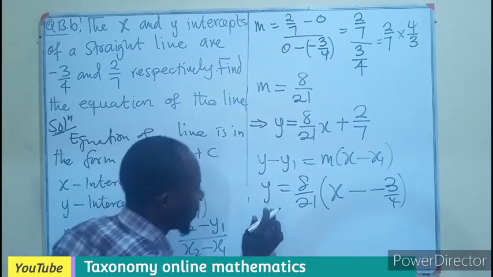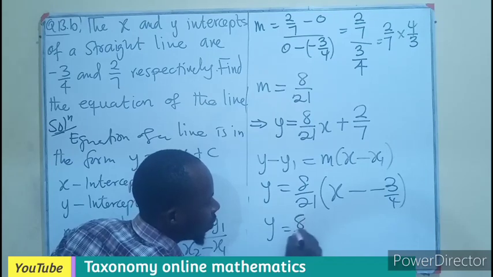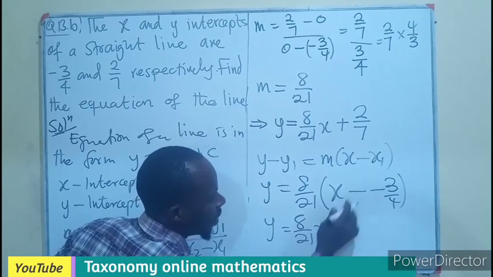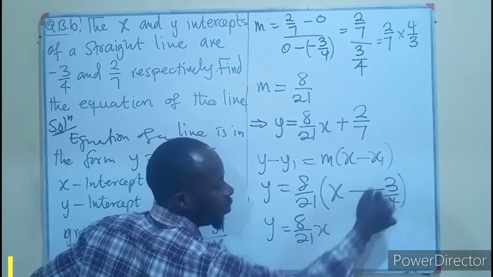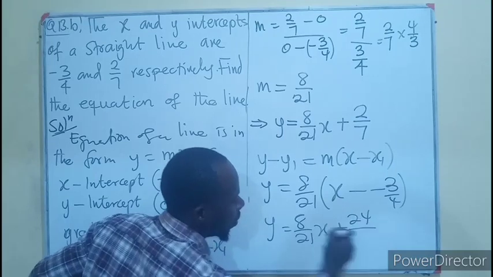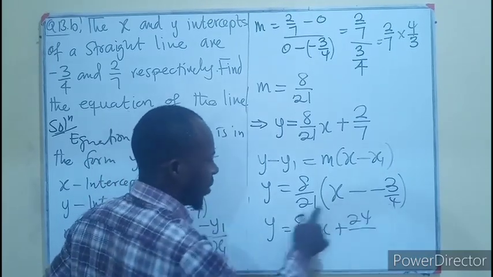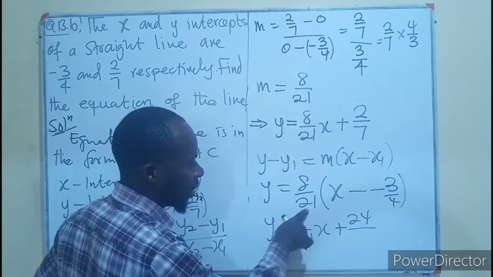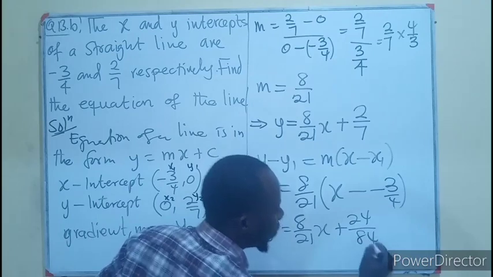So what happened? This becomes y equals 8/21 x. This will be plus. So this will multiply this to give us, I think, 24. This will also multiply this to give us 4 times 21, so we have 84.